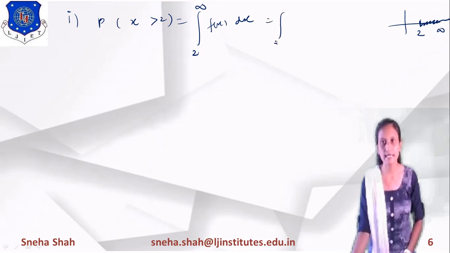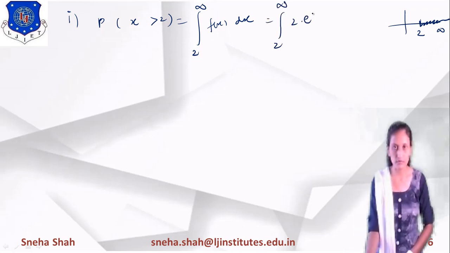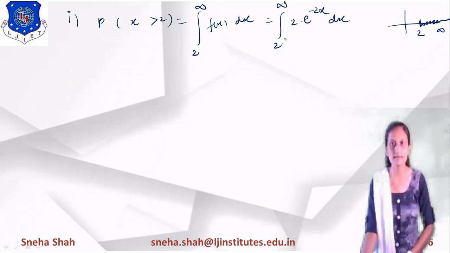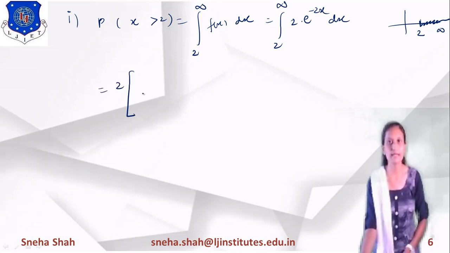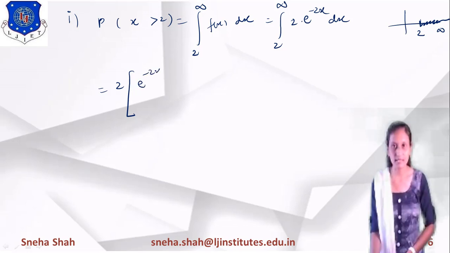In this I am putting the value of f of x as 2 into e raised to minus 2x dx, right? Because we had taken c equals 2. Integrating this, 2 will be a constant, so it will be outside of the integration, and the integration of e raised to minus 2x is e raised to minus 2x upon minus 2, with the range 2 to infinity.